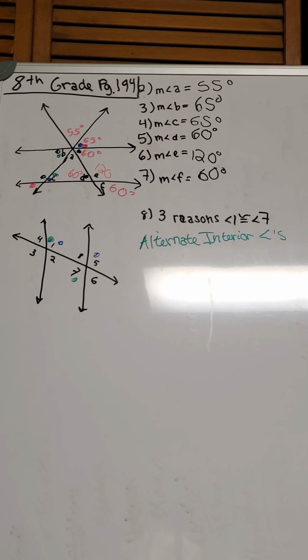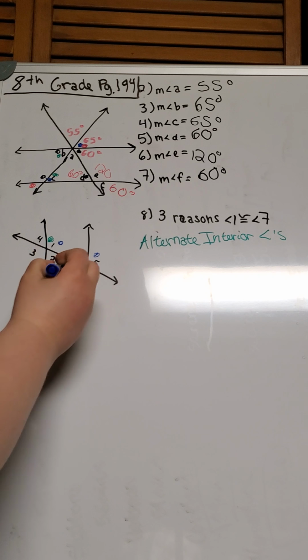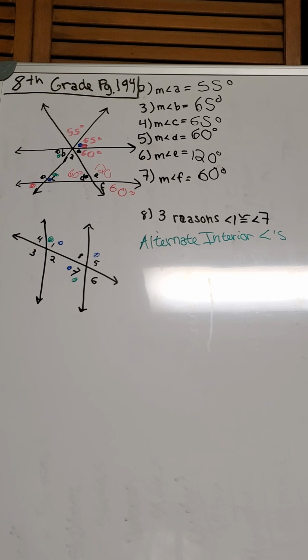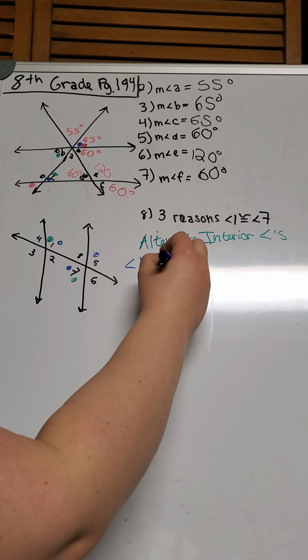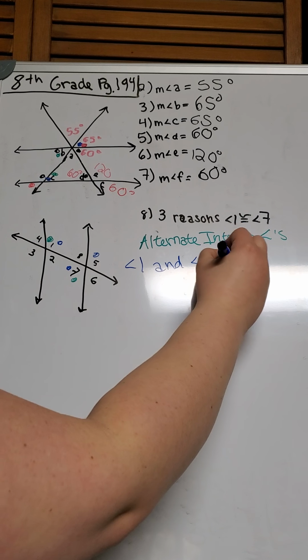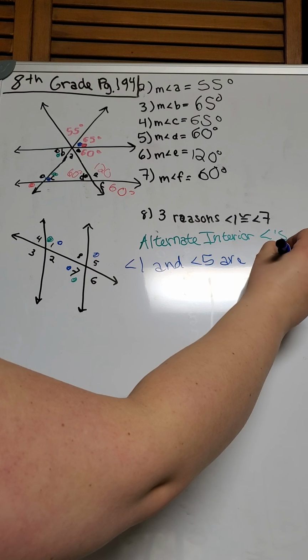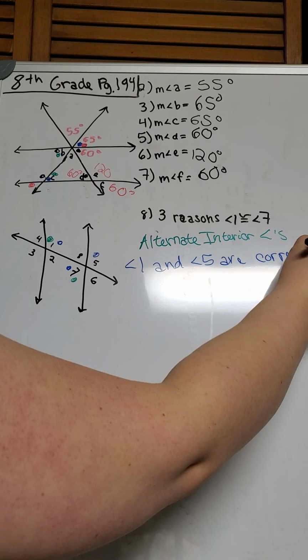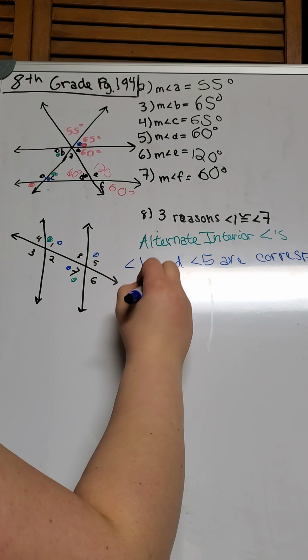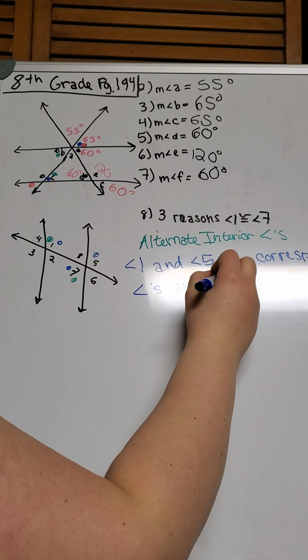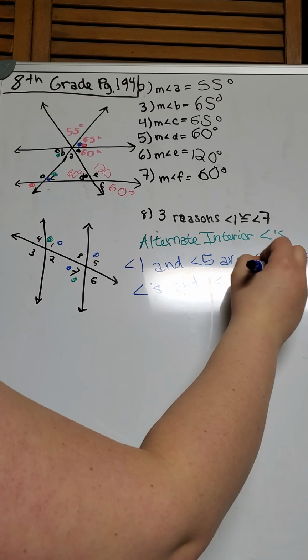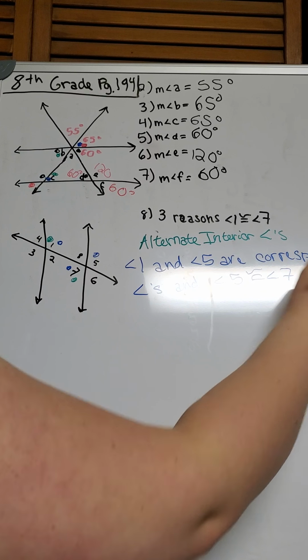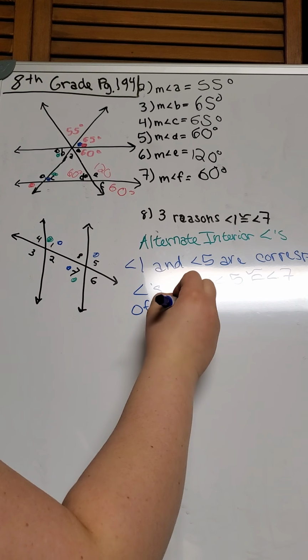And we know 5 and 7 are congruent. So angle 1 and angle 5 are corresponding angles, and angle 5 is congruent to angle 7 because of vertical angles.